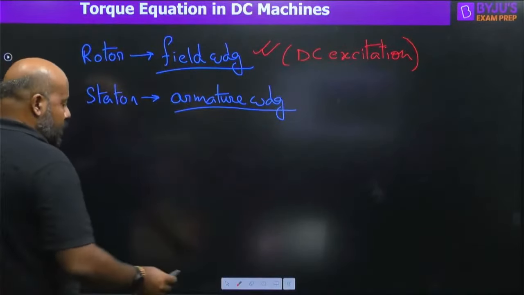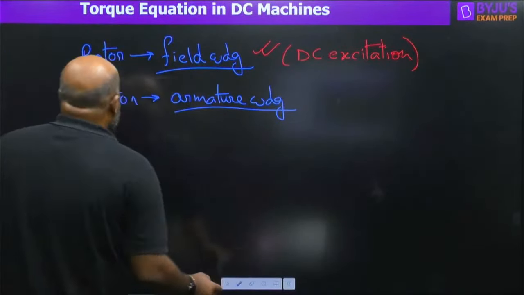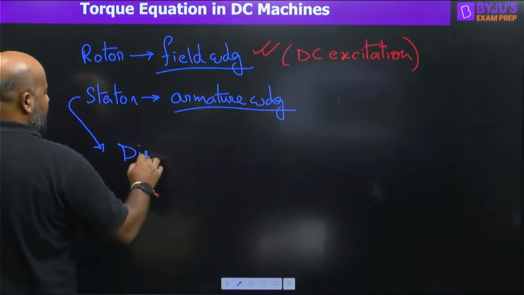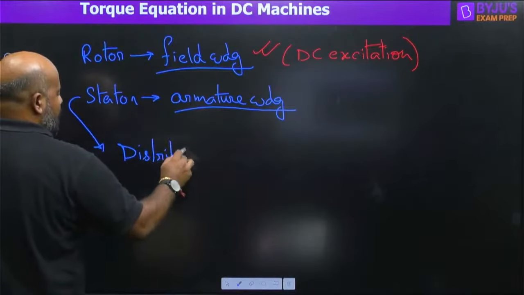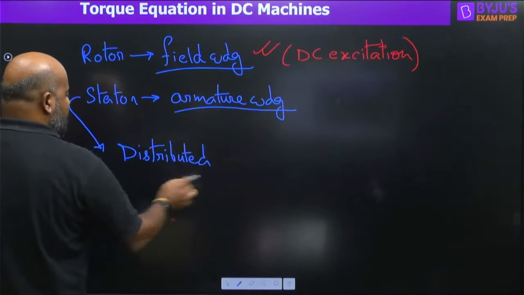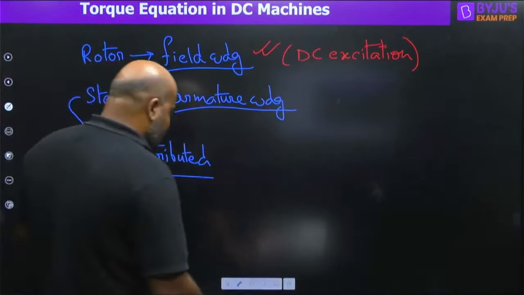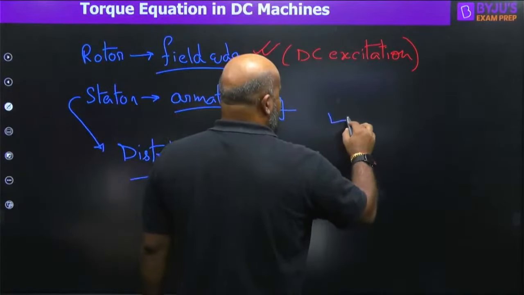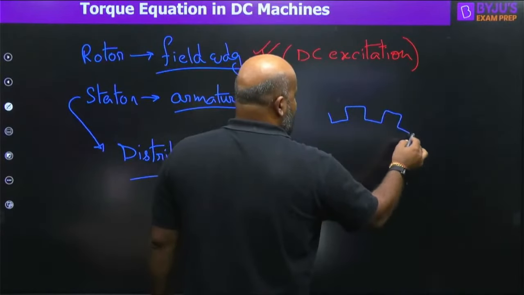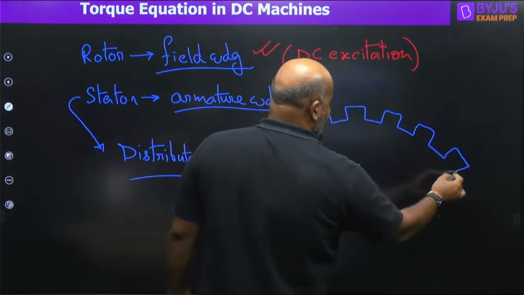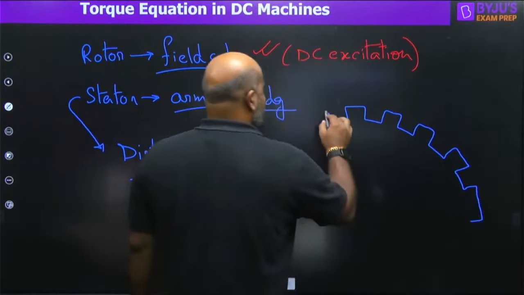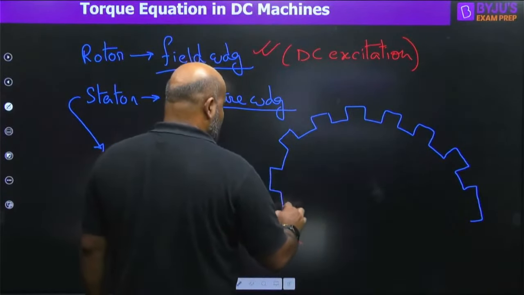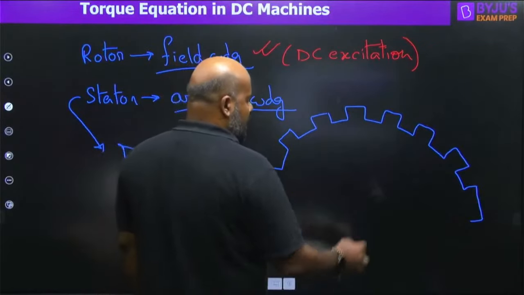Now, as I have already explained, the stator is going to have the distributed winding. The distributed windings are going to be something like this. I am just giving you some brief idea. Please try to understand. There are going to be slots in the inner periphery of the stator, something like this.